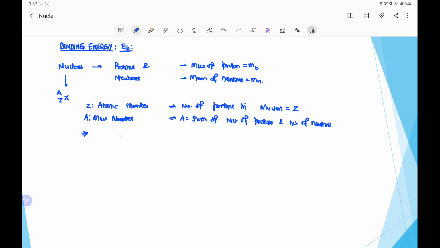This implies that number of neutrons n equal to A minus Z.